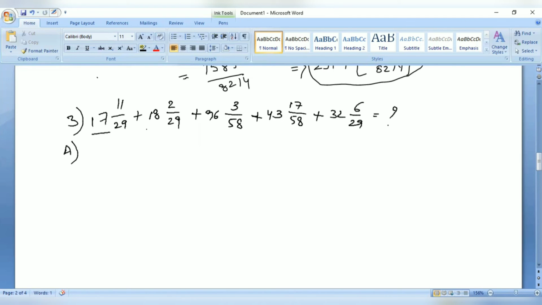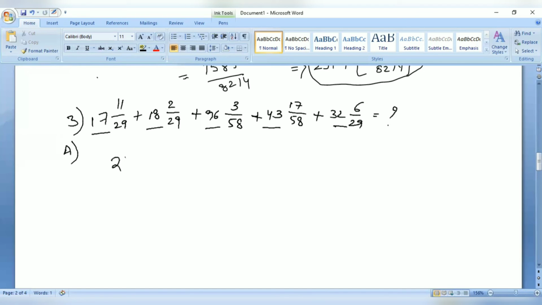First add 17, 18, 96, 43 and then 32 and quickly tell me what is the answer. Calculate the values. 17 plus 18 becomes 35. 35 plus 96 becomes 131. 131 plus 43 gives 174. 174 plus 32 becomes 206, right?